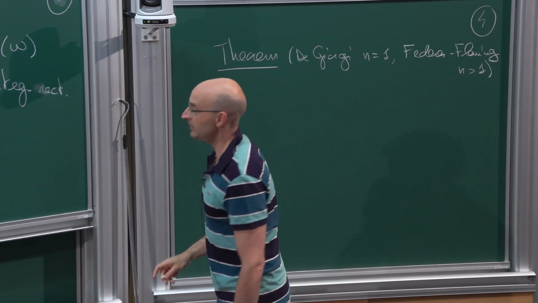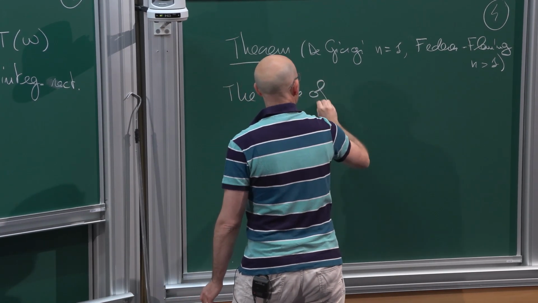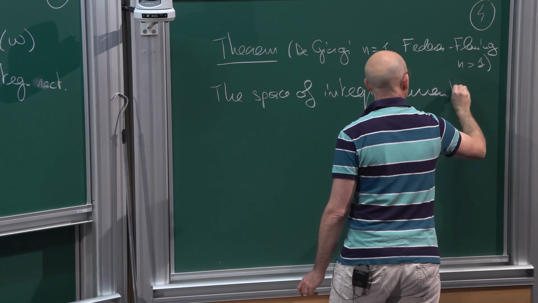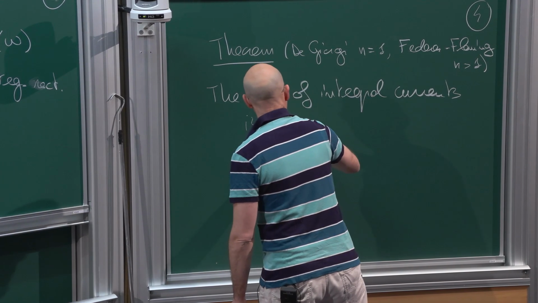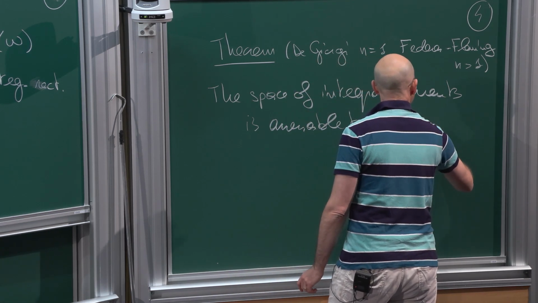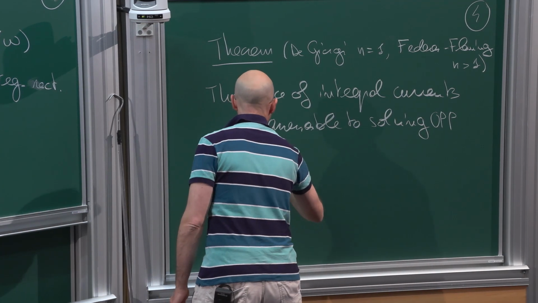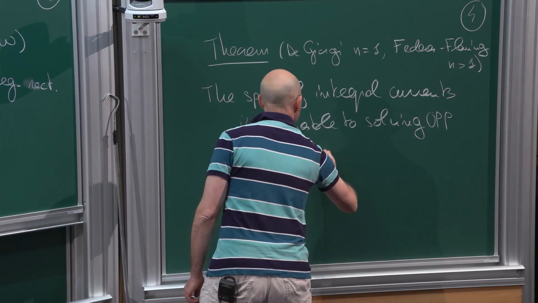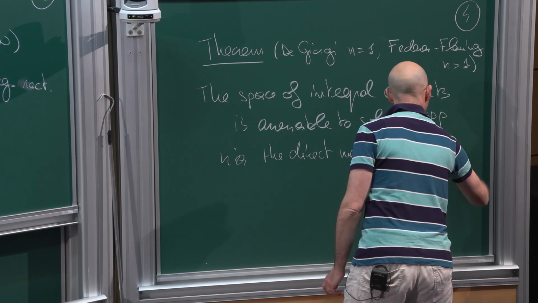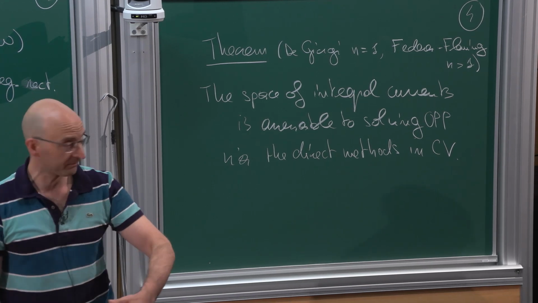The theorem tells you that the space of integral currents is amenable to solving the Plateau problem, the oriented Plateau problem, via the direct methods of the calculus of variations. So I take an infimizing sequence for that problem, and I land onto a minimizer in this space.